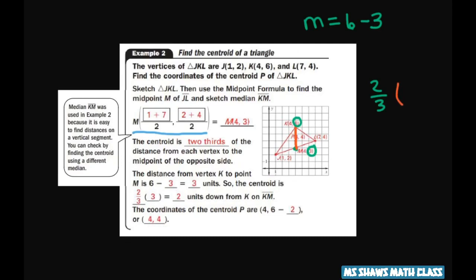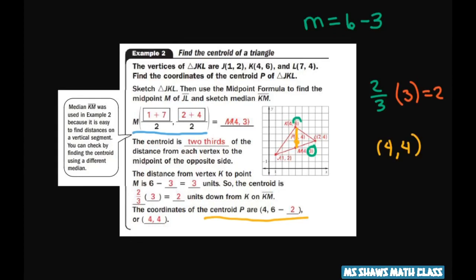So 2/3 of 3 equals 2. So basically, you're going from K down 2. So this is 2, and this is going to be 1. And then you get the coordinates of the centroid P as (4, 4).